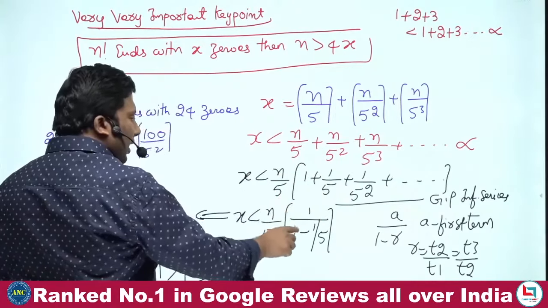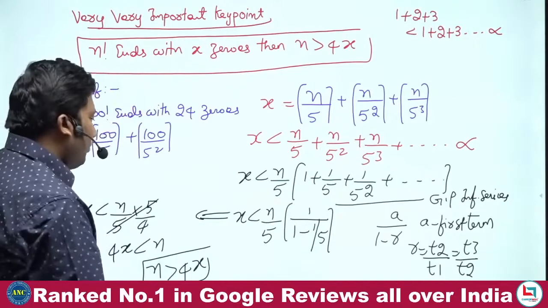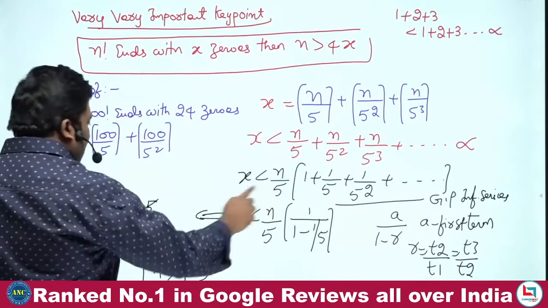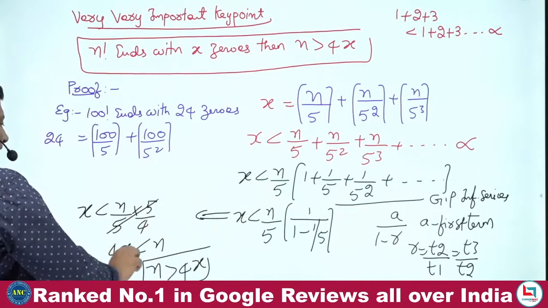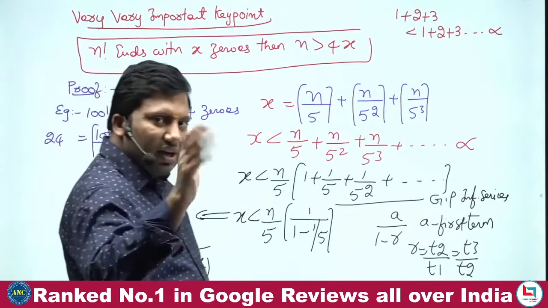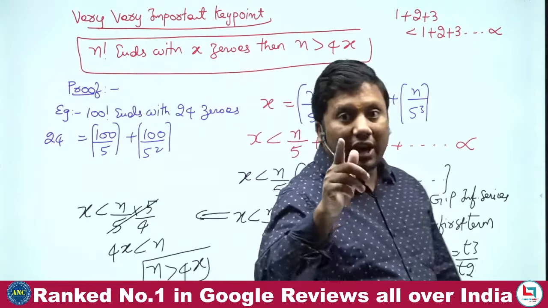It is a by 1 minus r, which will be 5 by 4. 5 cancel, 4x is less than n. N is greater than 4x. I hope it is clear.